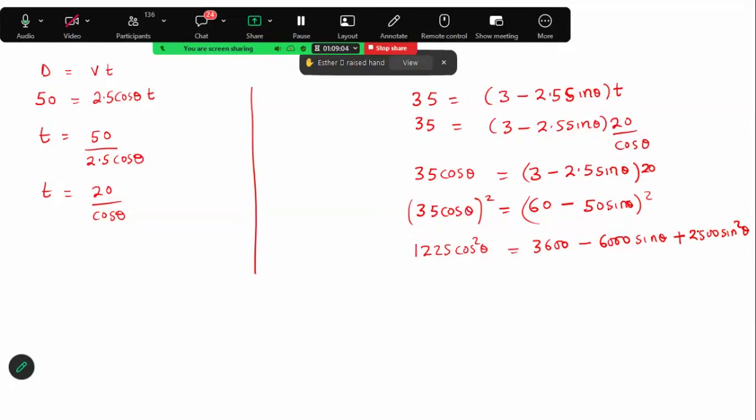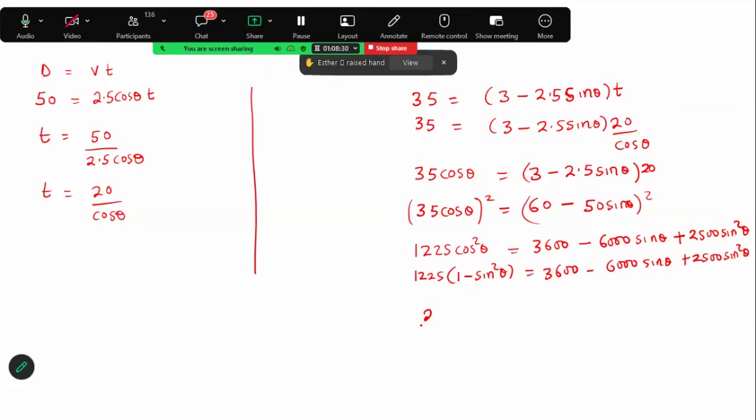So then you are going to collect like terms and then express cos squared theta in terms of sine squared theta. So this is going to be 1 minus sine squared theta is equal to this. So when you collect like terms, you are going to have 2,500 plus 1225.